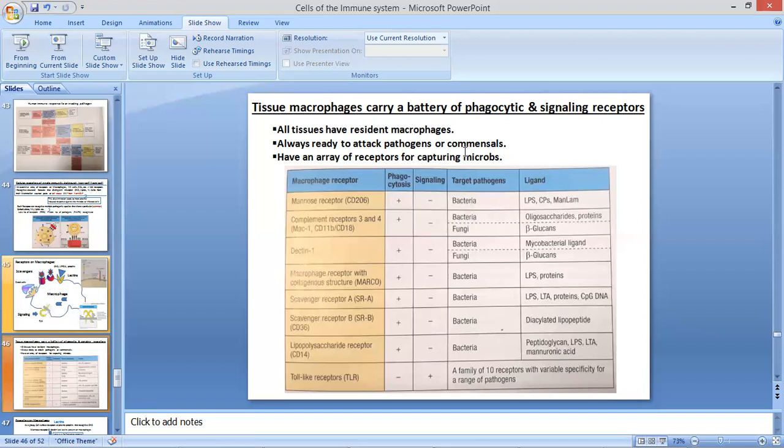These macrophages can also recognize and attack the commensals. The commensals are normal flora, normal bacteria and other microbes associated with our skin and our mucosal membranes. They are numerous, like the microbiota associated with your gastrointestinal tract or your skin.